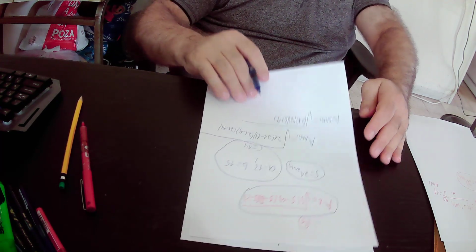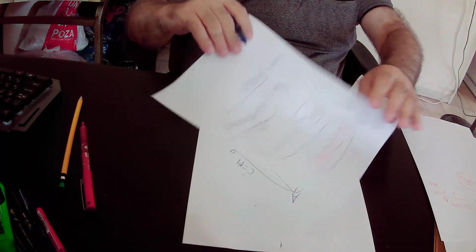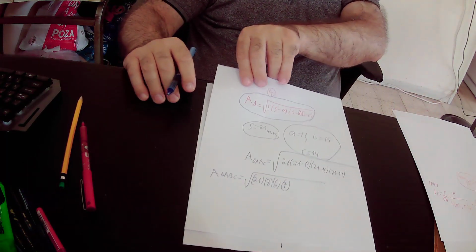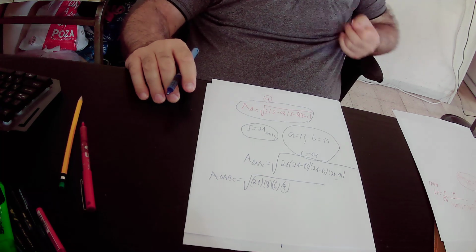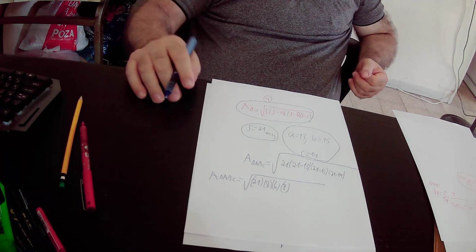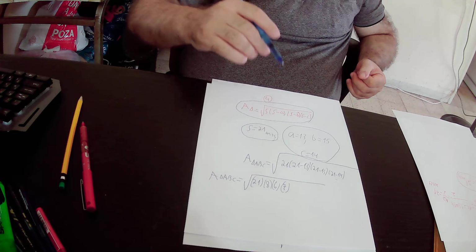Okay, so the area of triangle ABC equals the root of 21 times 8 times 6 times 7.